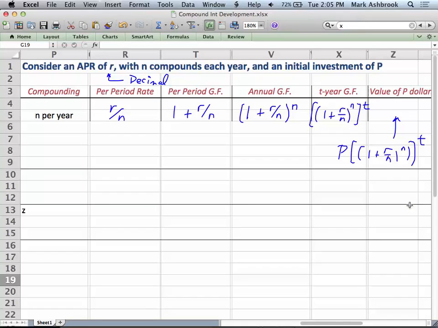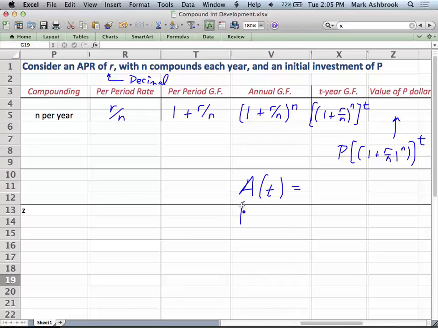Okay, so we have it totally generalized. Any starting amount, any APR, any number of compoundings per year, any number of years. This will find us the final value of the account. And so we can make that a function of the number of years, which is the most common thing to do.